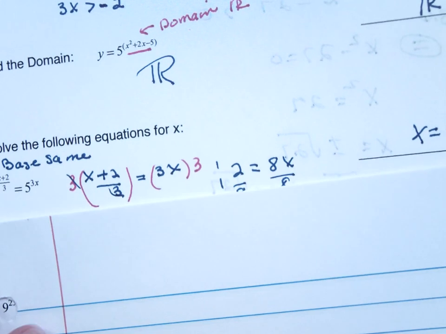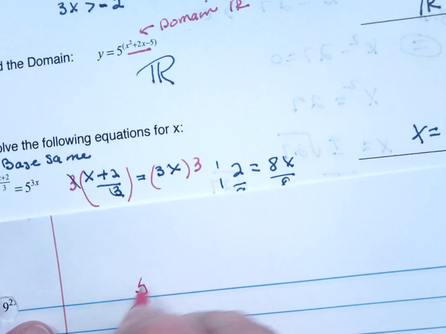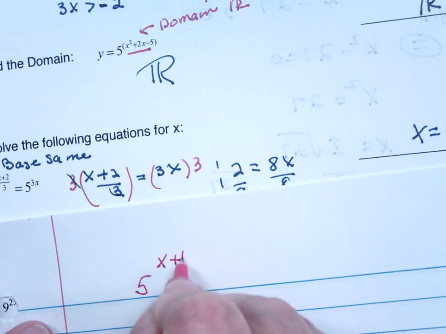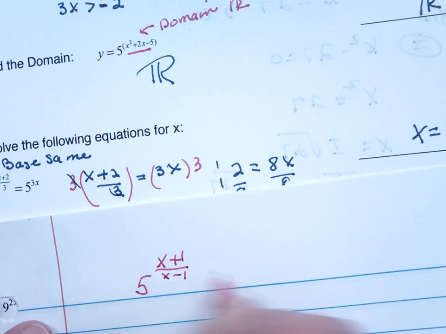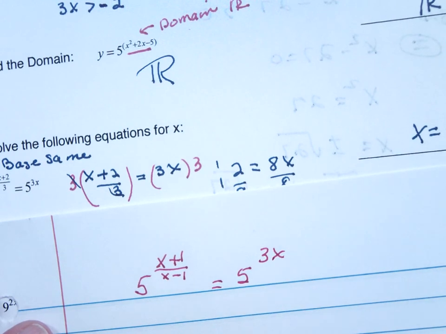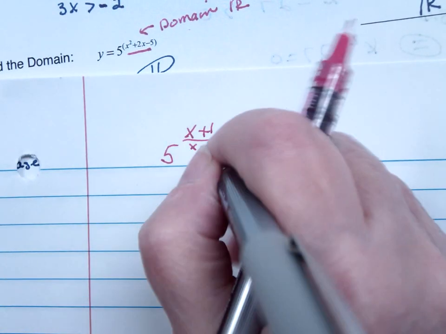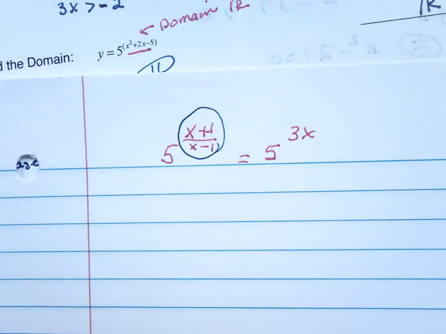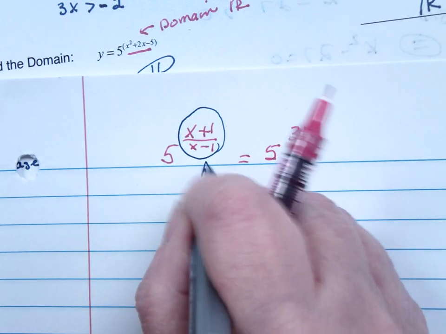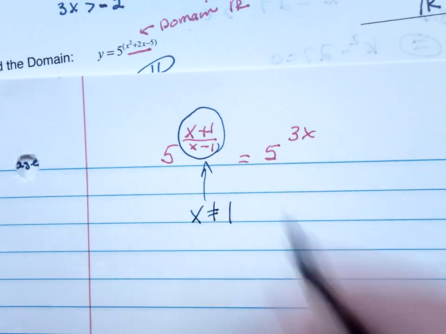If I had this instead, now when I look at the exponent, x can't be 1.